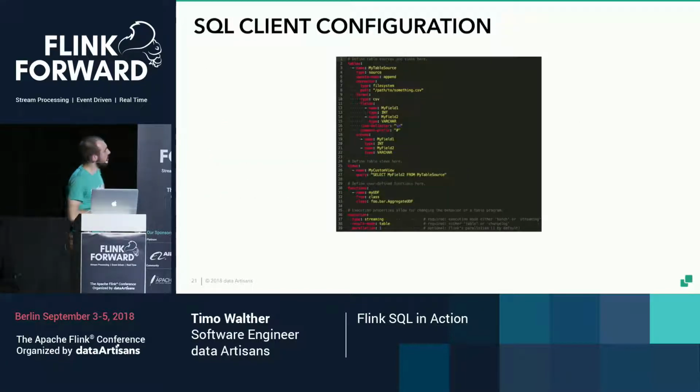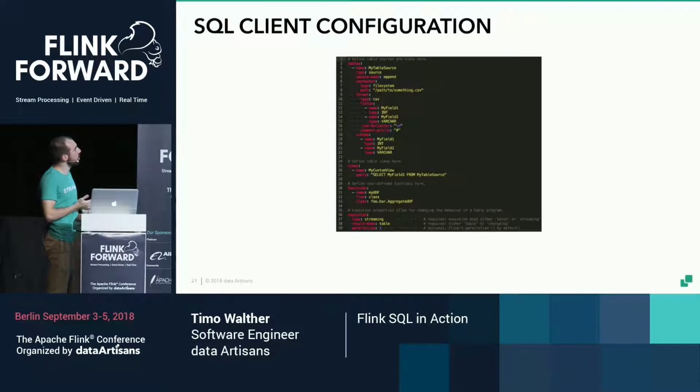So here's just a very rough configuration file, just to visualize a little bit how such a YAML file can look like. It's a little bit small, but you can see we're defining some table source here. In this case, this table source is executed in append mode. We define a connector, which is in this case just a file system connector.